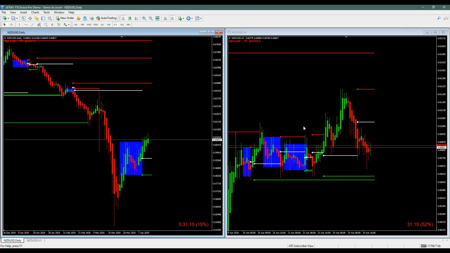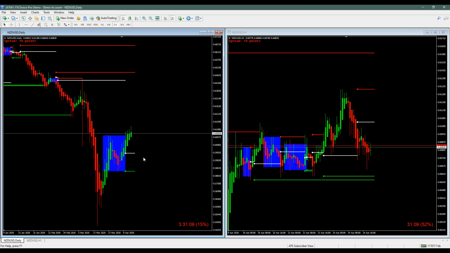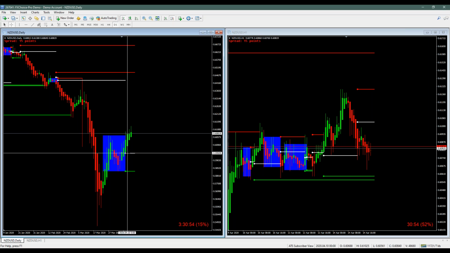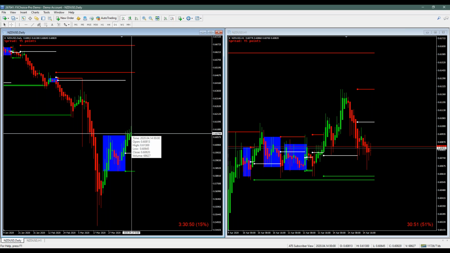So the thinking behind the basic strategy is if you are above expansion on your direction time frame, in this case the daily, we're above the most recent expansion line, not below over here or any of these back here, but our most recent expansion line, we are above it. So we're looking for long trades.